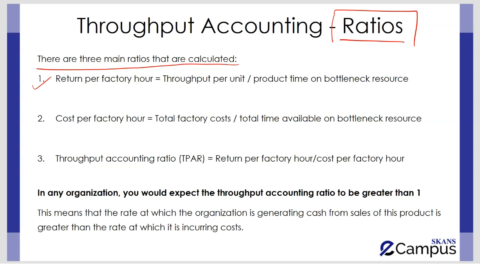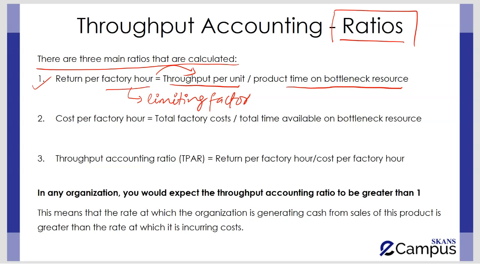The first one is return per factory hour, assuming that factory hour is the bottleneck resource or constraint or limiting factor. So return per factory hour in throughput accounting means throughput contribution per factory hour, and this is calculated by dividing throughput per unit, for whichever product the return per factory hour needs to be calculated, by the product time on bottleneck resource.